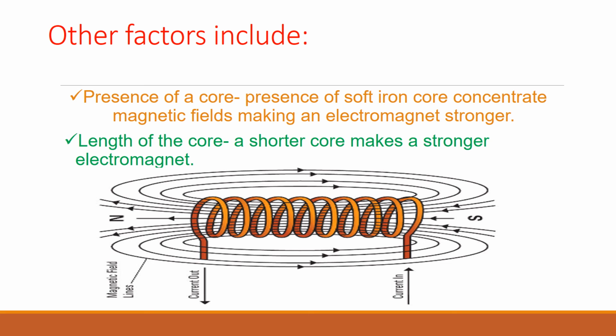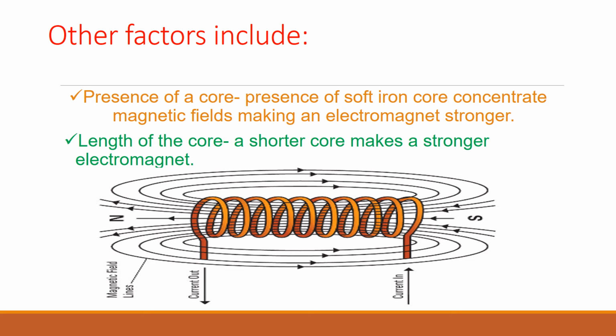The last factor that affects the strength of electromagnets is the length of the core. It is better to have many turns on a short core than the same amount of turns on a long core. So the shorter the core, the stronger the electromagnet.